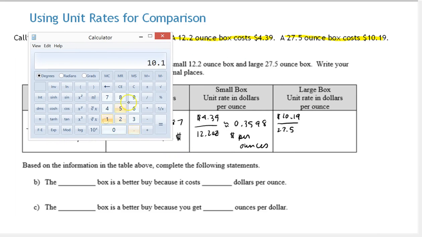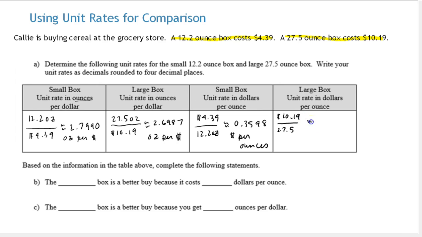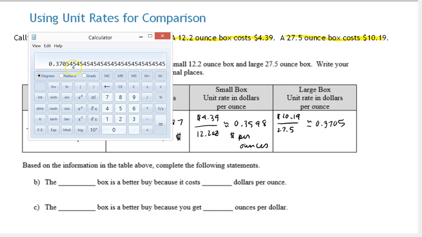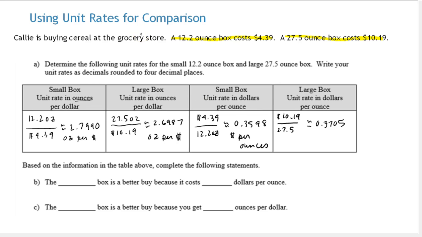To 4 decimal places, we have 0.3705. And again, that's dollars per ounce.